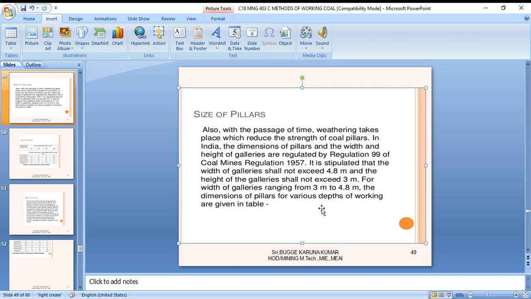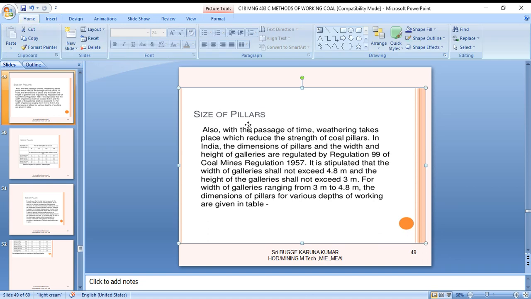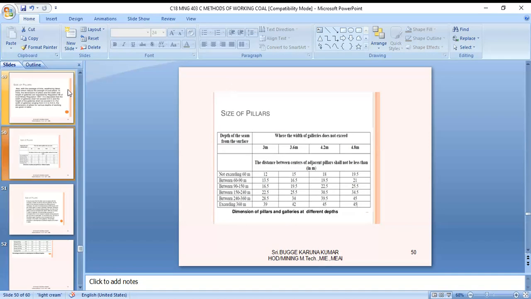In India, the dimensions of pillars and the width and height of the galleries are regulated by the Coal Mines Regulations, 1957, presently changed as per the Coal Mines Regulations.